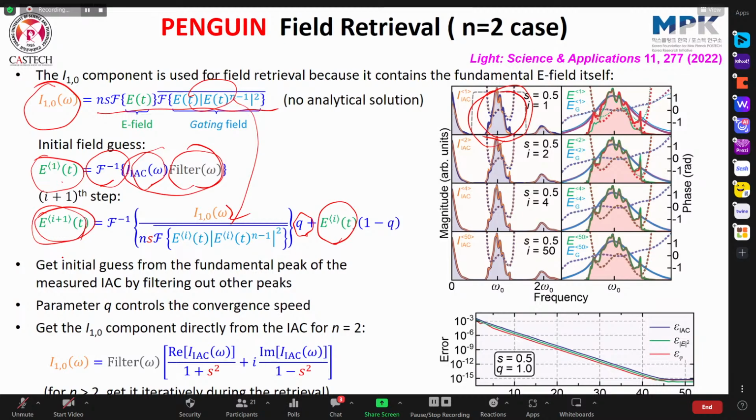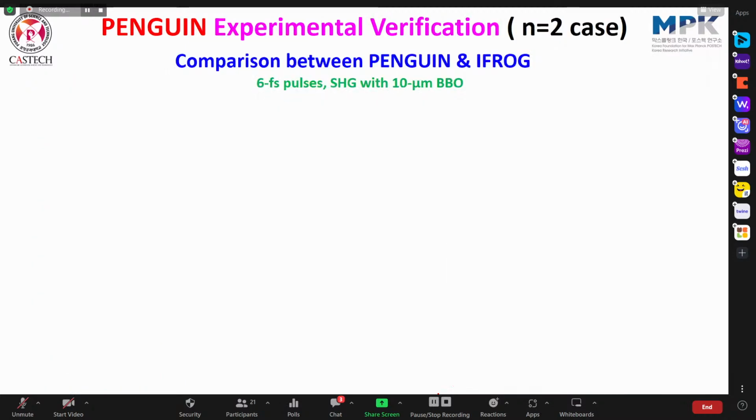Okay, so this retrieval program is very simple. As is shown, within a few tens of iterations, you reach an error down to 10 to the minus 15. It's very quick, so it can be used in real time. Here we carry out the experiment to prove our method is correct.